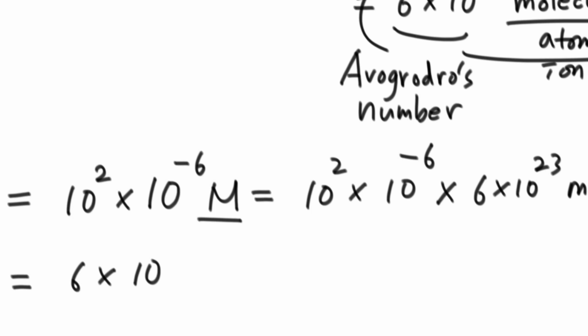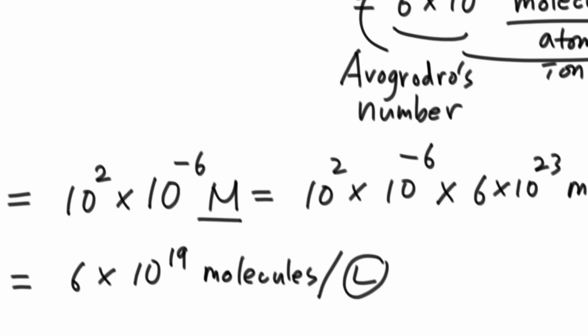So that's 19, so 10 to the power of 19 molecules per liter. But we are interested in cell volume, not 1 liter, right? So we need to do some conversion. So far we have 100 micromolar, which is 6 times 10 to the power of 19 molecules per liter.